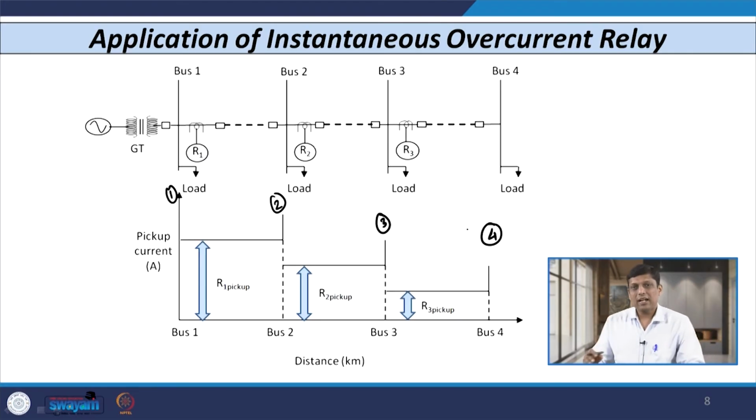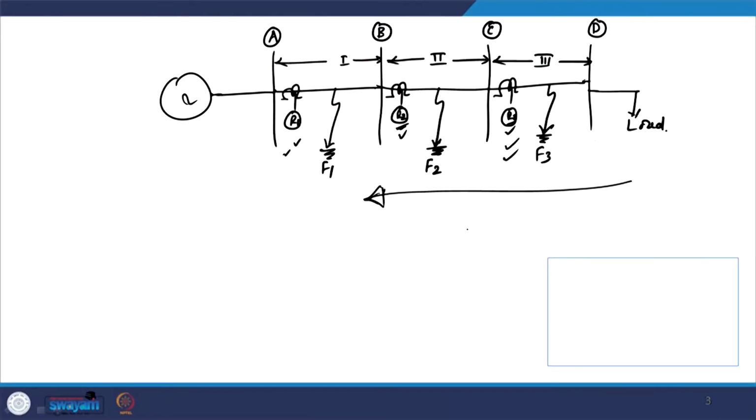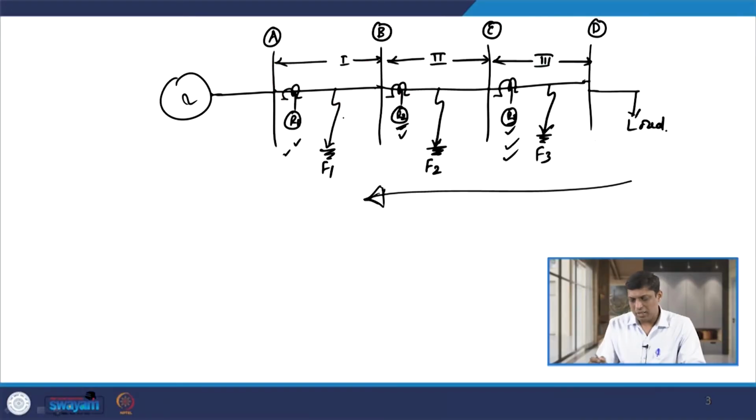So, with this background, this instantaneous overcurrent relay has certain advantages and disadvantages. Let us first discuss the advantages. The first advantage is that the settings of these relays are independent of the load. That means if I consider the 3 sections, you can carry out the setting independently, and each relay will operate instantaneously.